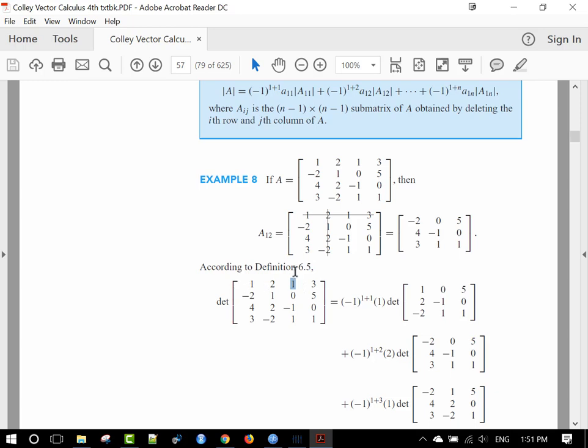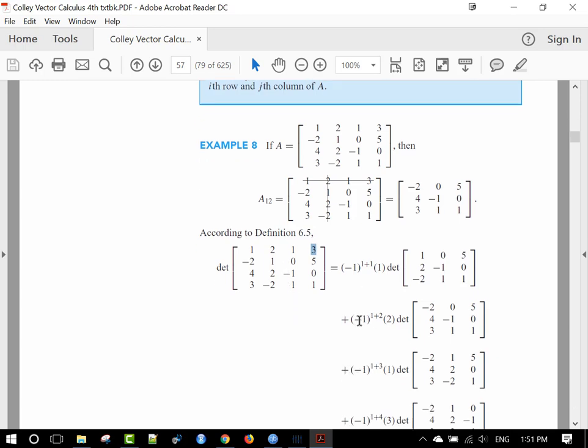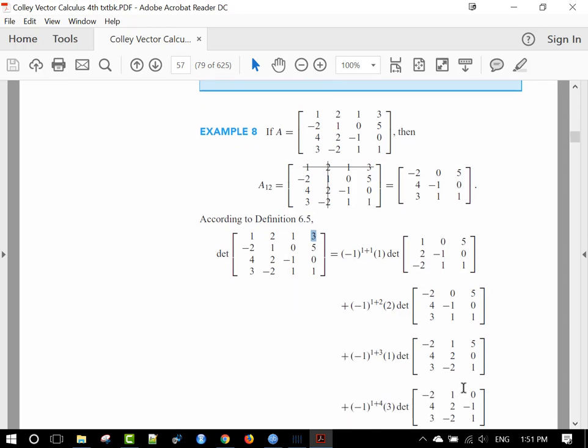A13 is the first row and the third column, so we're going to have this, this, this, this, this, which is here. Okay? And then we're going to do A14, which is this one, first row, fourth column, knock out this, and you have these, which is here.